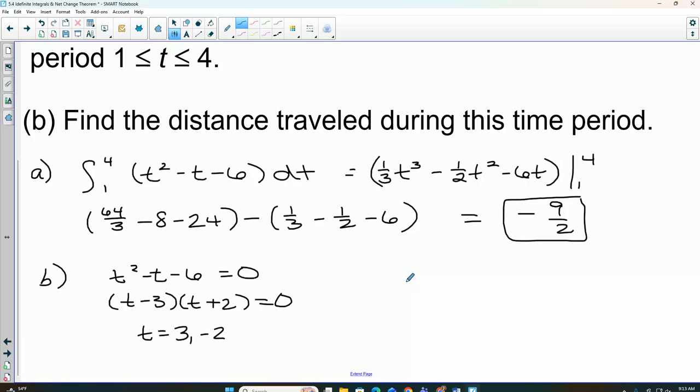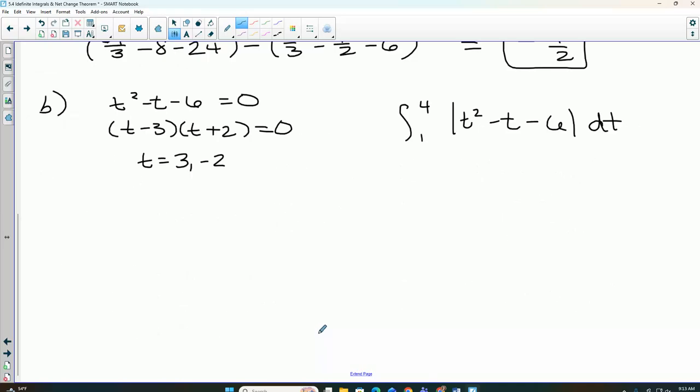No. So we're still integrating from 1 to 4, but because I want the distance traveled, we're looking at the absolute value of this function. We don't want to subtract off when you went backward. We want to still add that distance in. And so we know the only point in that interval when it equals 0 is 3. So we'll have to go from 1 to 3, and then from 3 to 4.